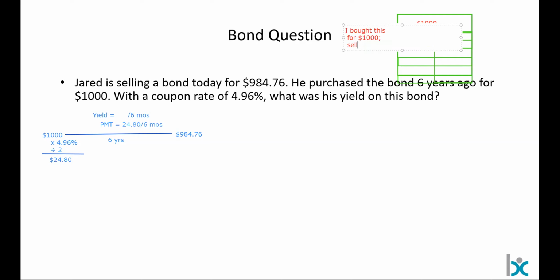I'm selling it today for 984.76. What return did I generate? Okay.